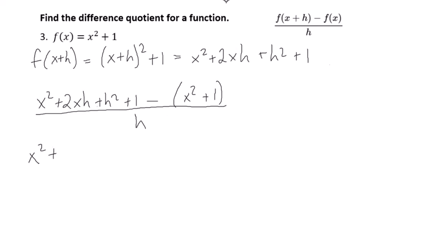Apply that negative to the f of x, and we get all this first stuff copied down, and we get minus x squared minus 1 all over h.